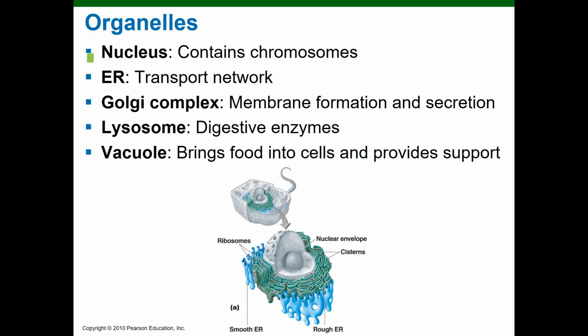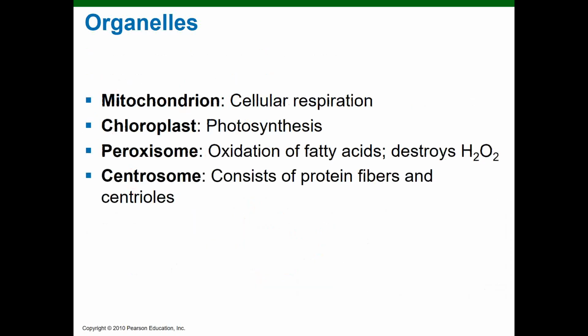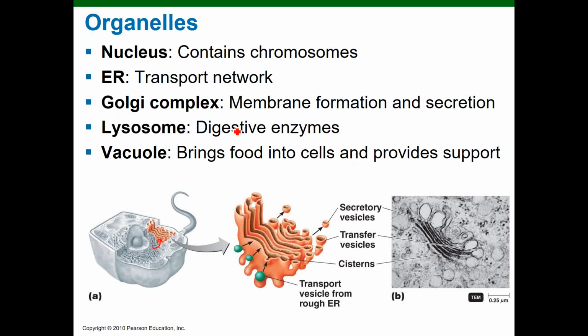The Golgi complex is a site of protein modification and maturation for the cell. So if you can imagine proteins being synthesized by ribosomes, and they get shipped to the Golgi body where they get further modified. And then we have the lysosome, which contains digestive enzymes, and storage vacuoles for support.